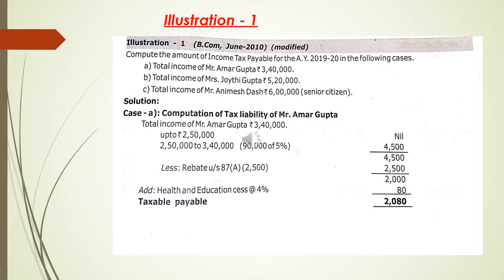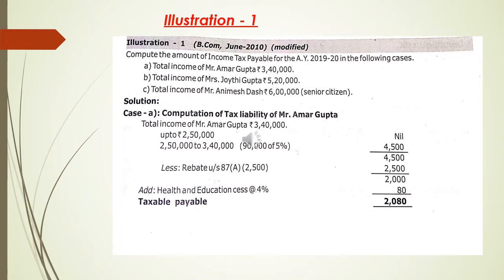So he comes under the first sector. Up to 2,50,000 there is no tax, nil. 2,50,000 to 5 lakhs, but his total income is only 3,40,000. So the remaining difference, 3,40,000 minus 2,50,000, comes to 90,000. On this 90,000, 5% tax we have to charge. That comes to 4,500.